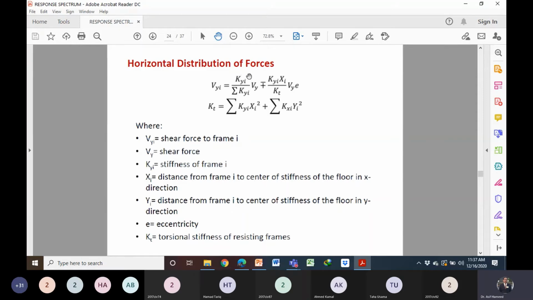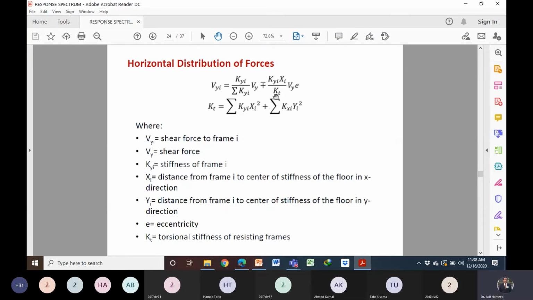So this is the stiffness of the particular frame i divided by the stiffness of all the frames in that direction, times the base shear in that direction, plus or minus the stiffness of the frame in that direction multiplied by xi. Xi is the distance from the frame to the center of stiffness of the floor. This one we will discuss later.